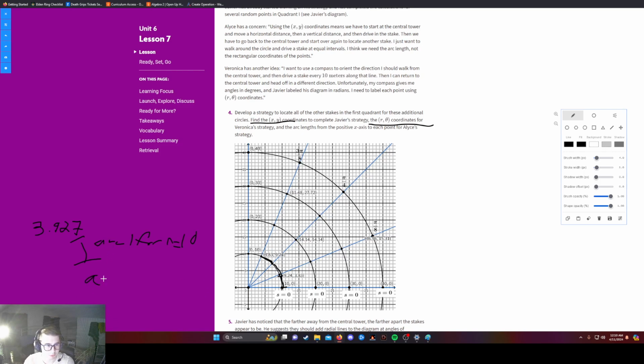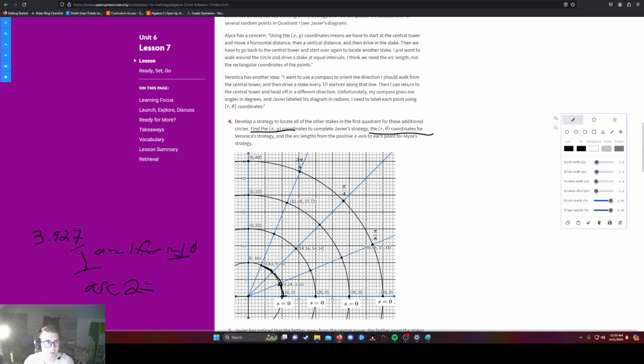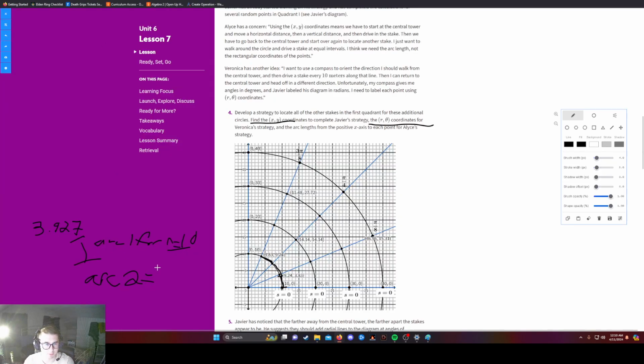So arc 2 for radius of 10 on the inner circle is equal to 7.854. What you'll notice is that for each increase, 3.927, 7.854, you'll add again to get the total value for our third arc, and then for our fourth.